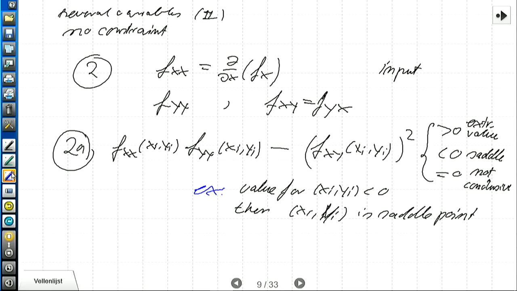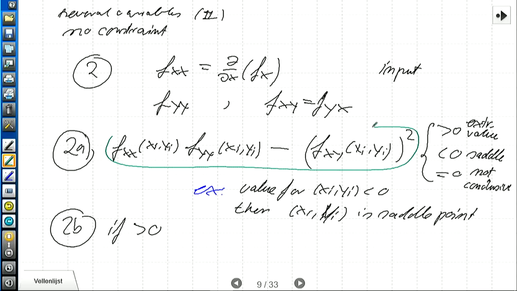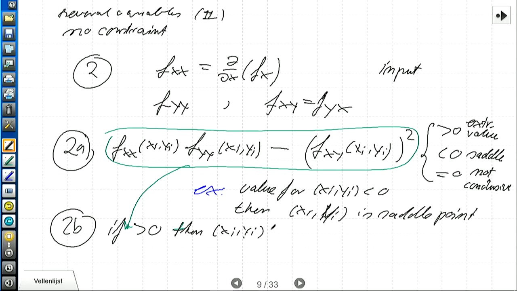However, if the condition here, so this whole expression, if you plug it in here and you get a positive sign, then (xi, yi) is the location of an extreme point.